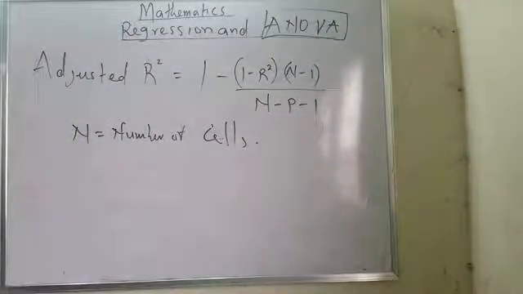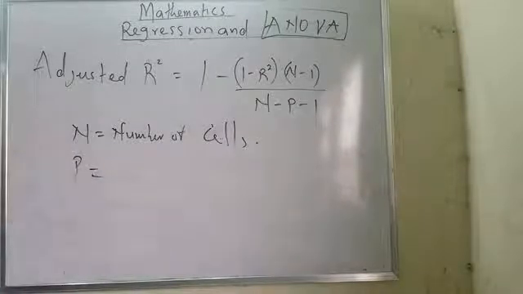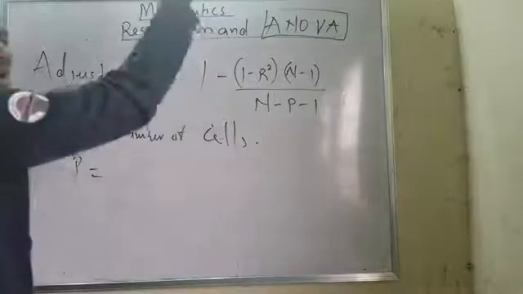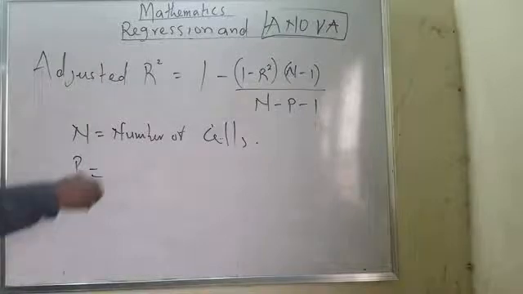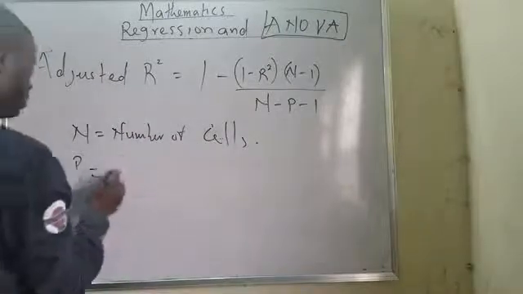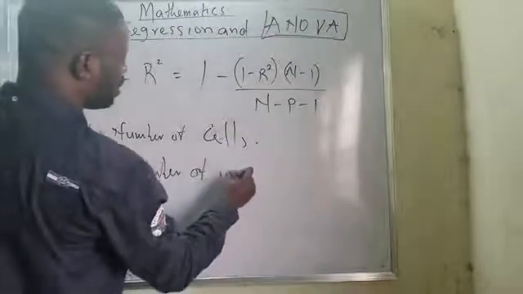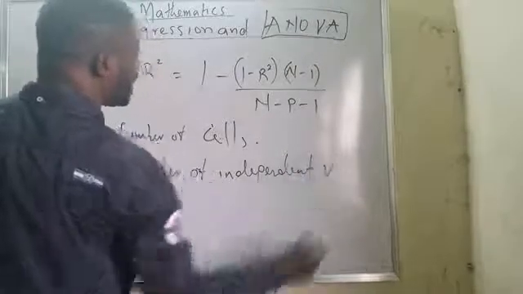The p is talking about the number of independent variables. We have dependent and independent variables, and mostly the number of independent variables is one.